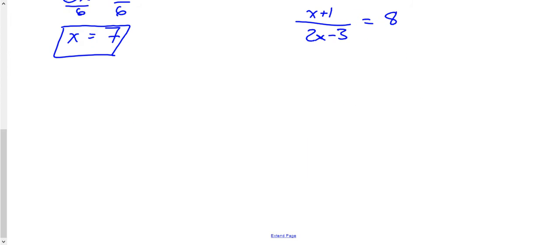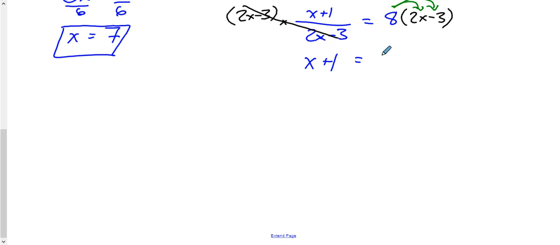Multiplying both sides to get rid of this denominator, I'm going to multiply by 2x minus 3 on both sides. These will cancel out, so I'm left with x plus 1 on the left equals, and I'm going to also distribute here on the right. So that 8 is going to be distributed into that bracket there. So I have 16x minus 24 here on the right.